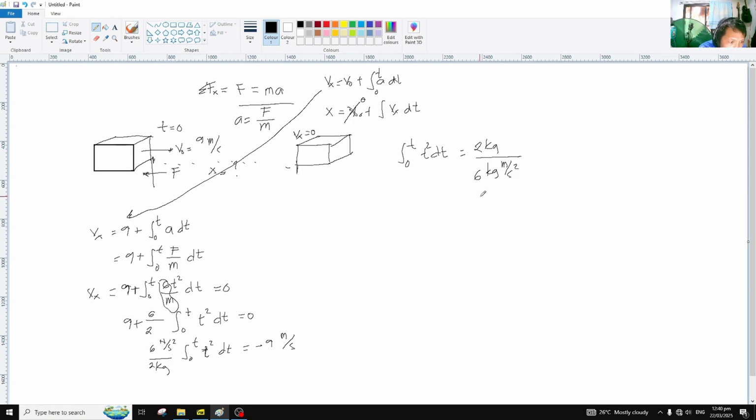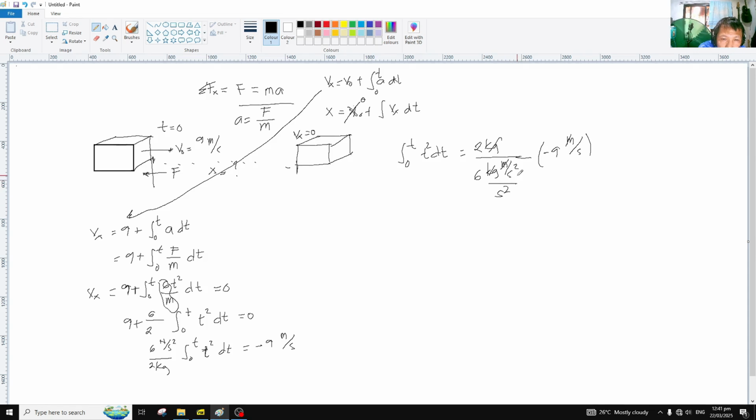Of course, it will reverse here. Okay, and then per second squared. Per second squared. Okay? And then you have it multiplied by negative 9 meters per second. So you can cancel the kilogram. I could cancel the meter. And I could cancel what? One of the seconds.